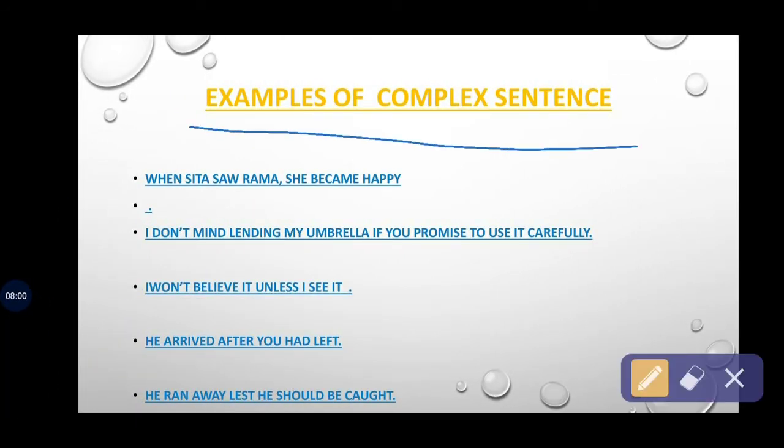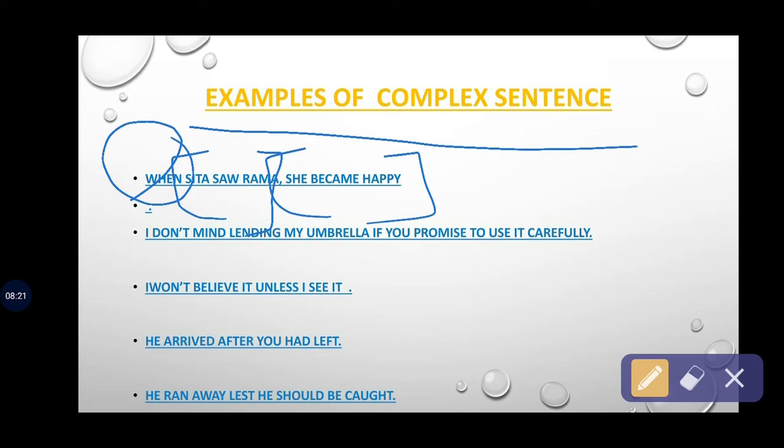Here we again have five examples. "When Sita saw Rama, she became happy." Here we use when as a conjunction that helps us make it a complex sentence, and you can see it also has two clauses.